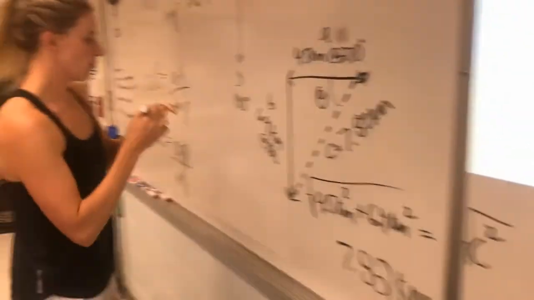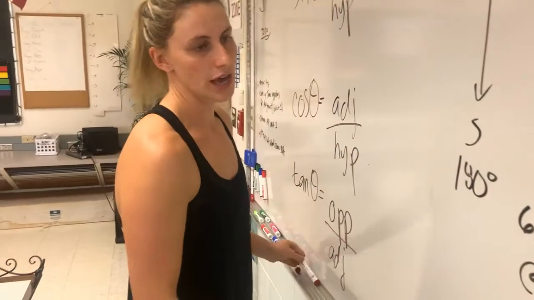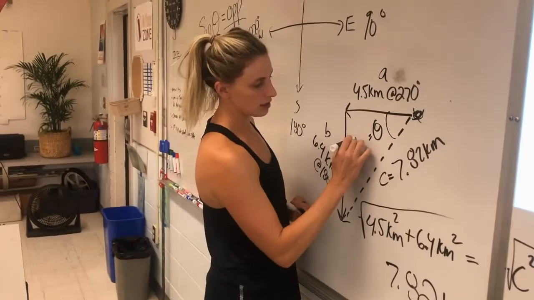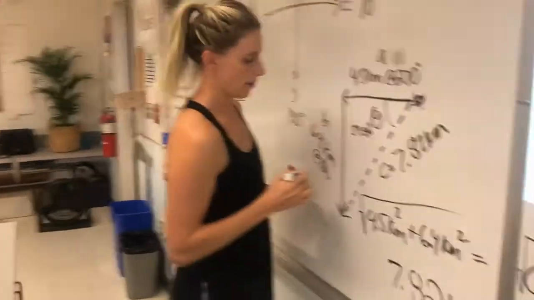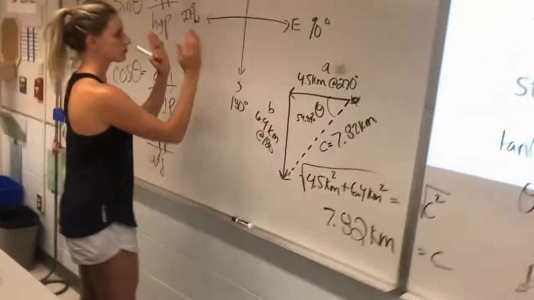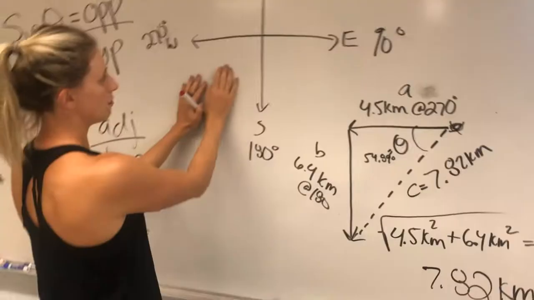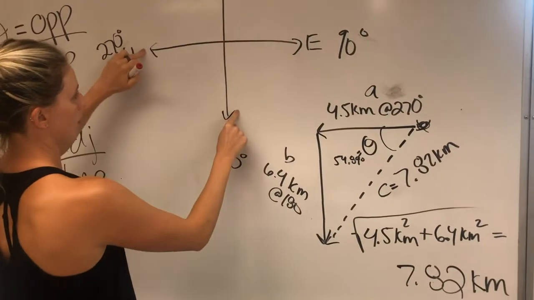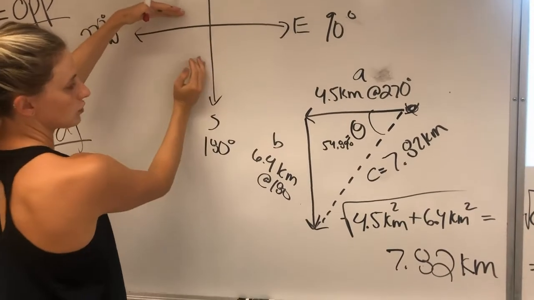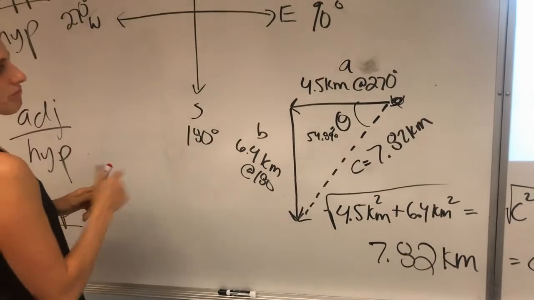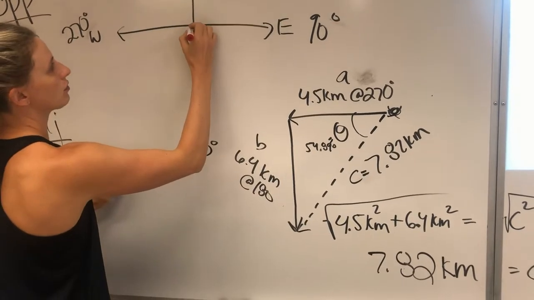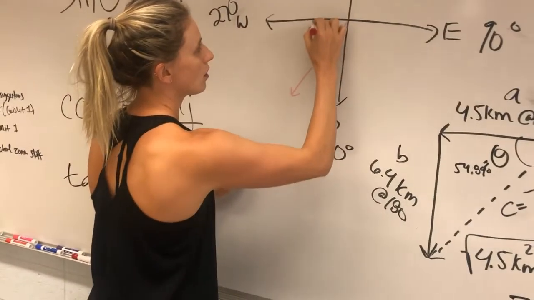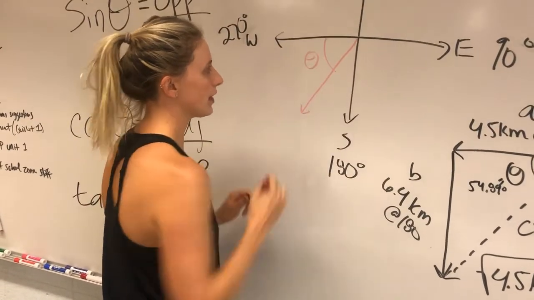So I'm going to go ahead and draw where this is. I'm going to write this number in here. 54.89 degrees. Okay, we're thinking about this quadrant right here. So this resultant is 54.89 degrees right here. Can you see that okay with this? I can, yes.